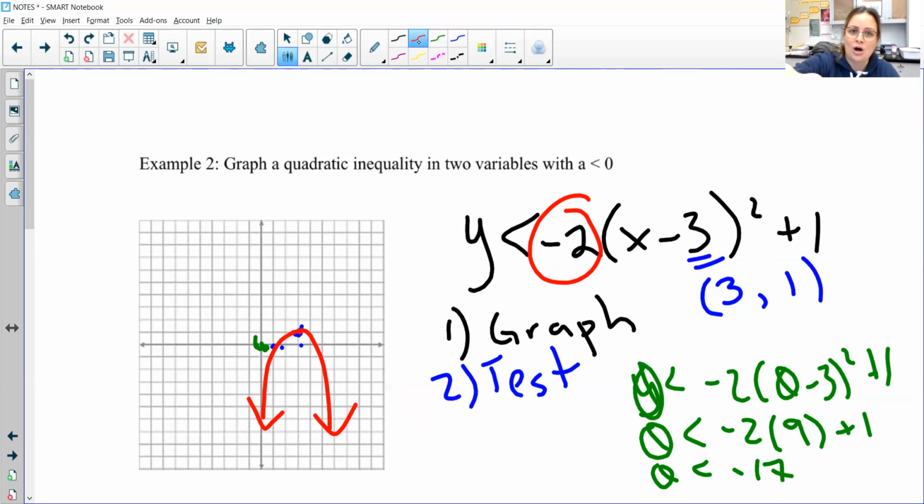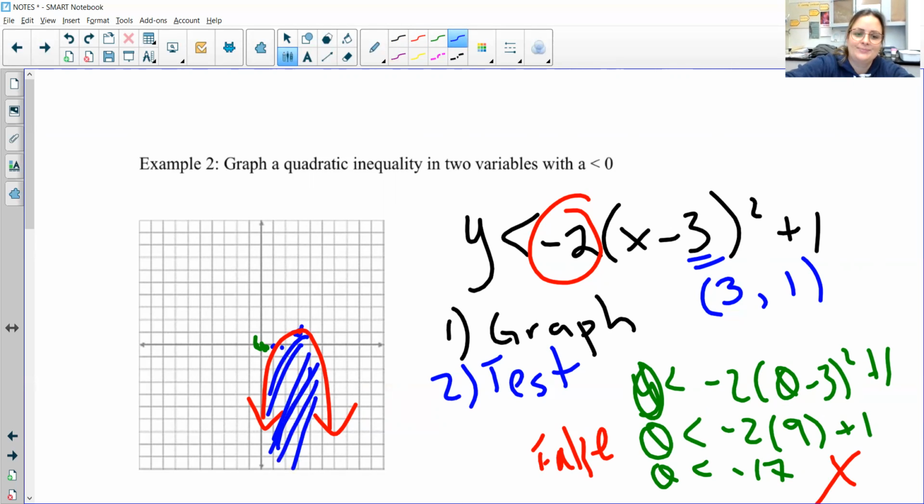Y is not less than a negative value. So this is false, which means the solution for this lies inside this shaded area somewhere. And I should have extended my parabola, but in here, it's in there somewhere. Okay, anywhere. It could be any of the values inside.